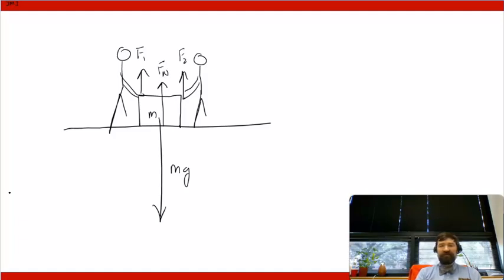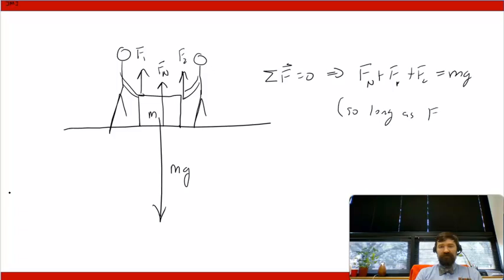So in this case, we could say something like sum of forces equals 0 implies that the normal force plus F1 plus F2 is equal to mg. And so long as F normal is greater than or equal to 0, the object is not lifted.